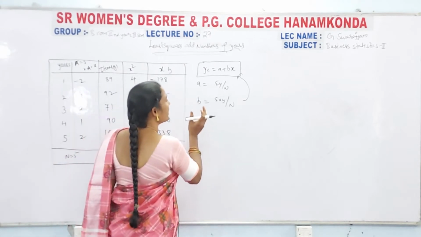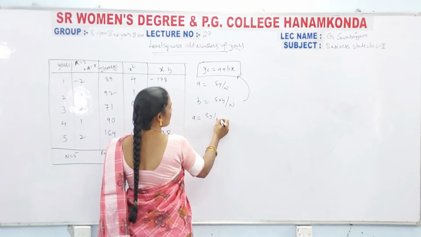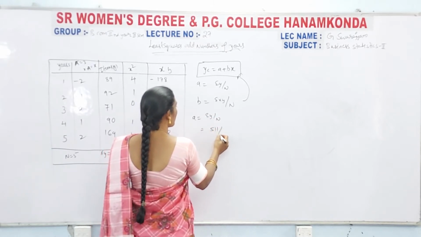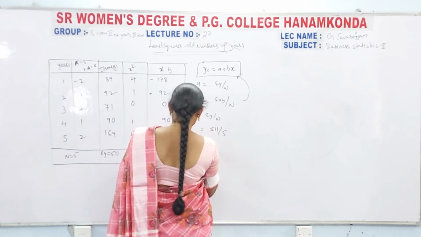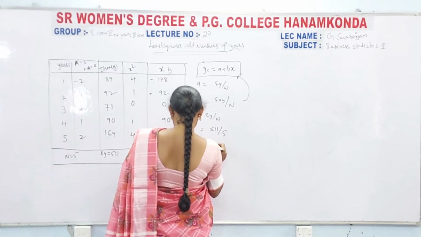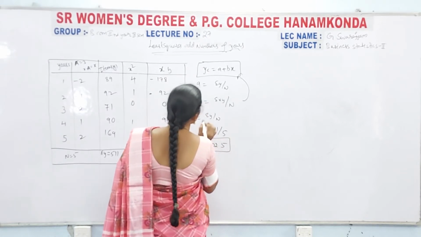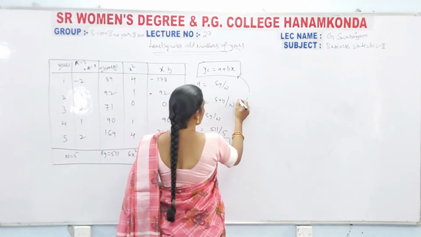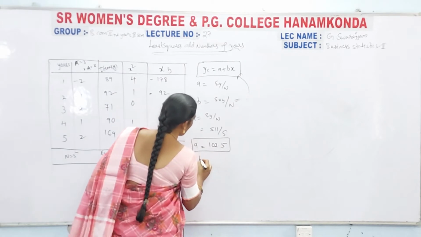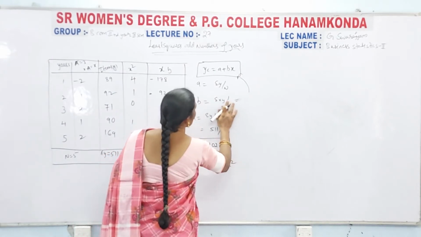Then we have to calculate the a value. A is equal to sigma y by n. Total sigma y 511 by 5. So a value here is 102.2. This is a value. Next, B is equal to sigma xy by sigma x square.